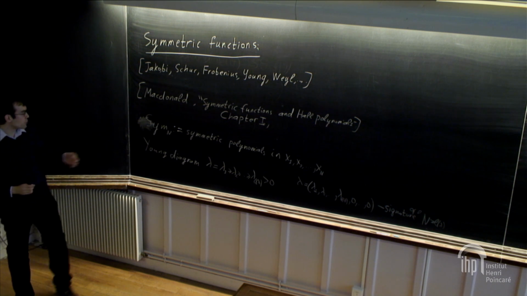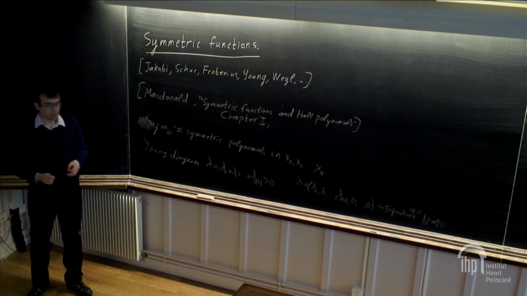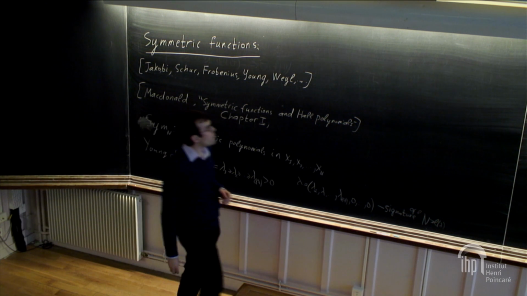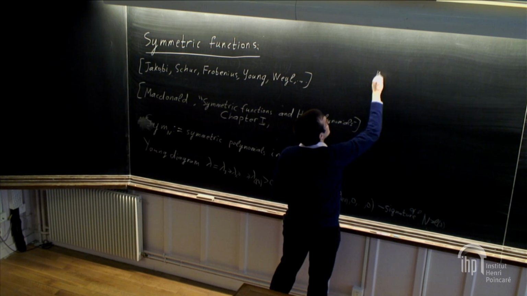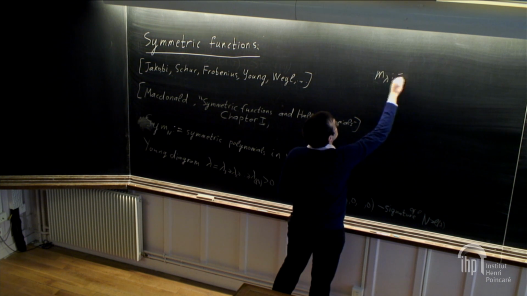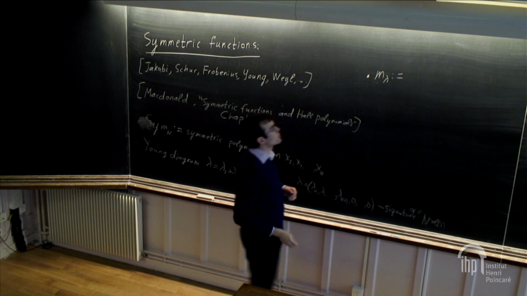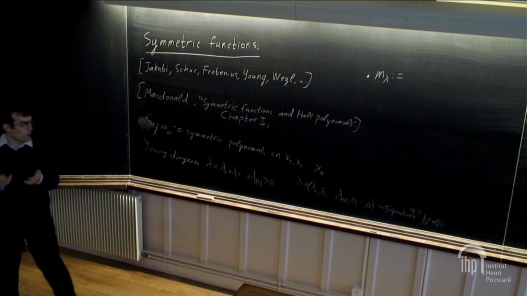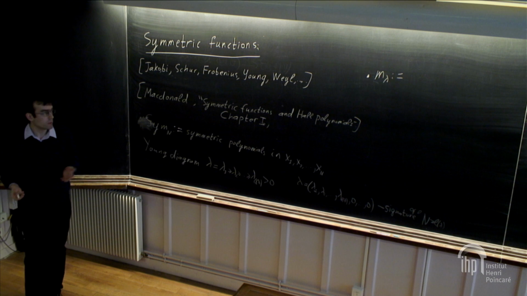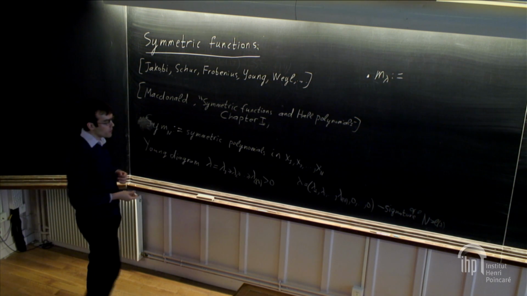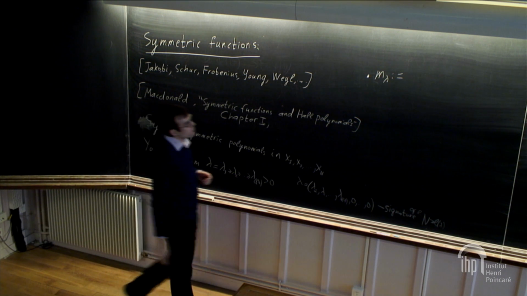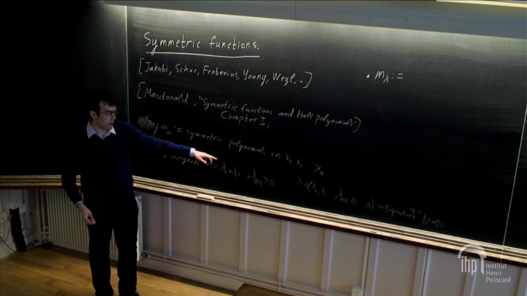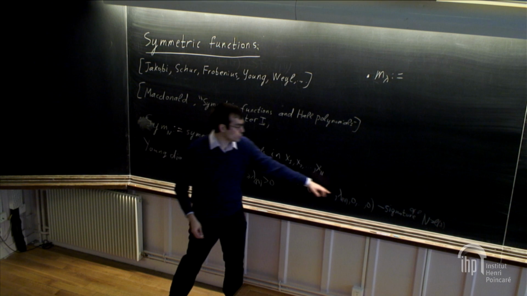Now let us try to understand what symmetric polynomials exist in variables x1, x2, ..., xn. Probably the first example which comes to mind is if we take just some monomial and symmetrize this monomial. This is quite a natural operation. Lambda will always mean a signature of length n, and if this is a Young diagram, it is understood in this way.